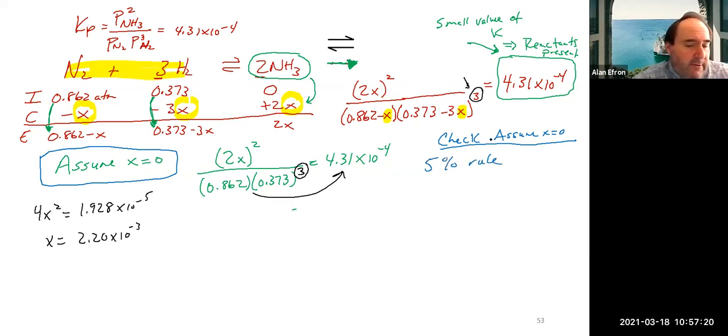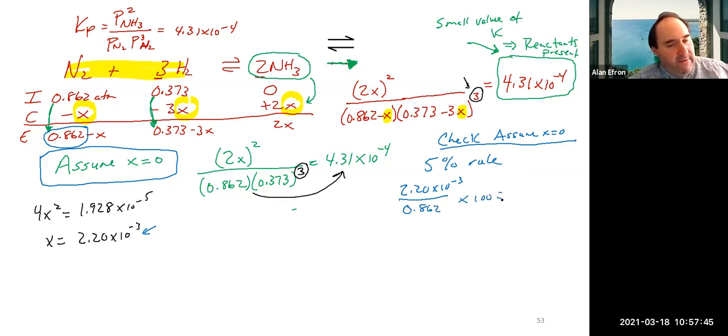The 5% rule basically means once you get your x value, which would be 2.2 times 10 to the minus 3, you divide it by what you were going to subtract it from. In the case of our N2, it was 0.862, and we multiply it by 100.